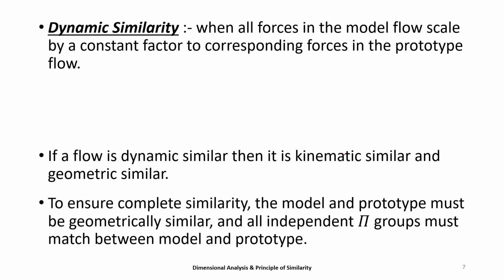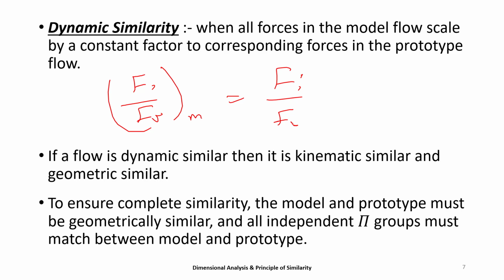Dynamic similarity is achieved when all forces in the model flow scale by a constant factor to the corresponding forces in the prototype. Let's say there are two forces, inertia force and viscous force. The ratio of these two in the model will be equal to the ratio of these two in the prototype. If a flow is dynamically similar, then it is kinematically similar and geometrically similar.